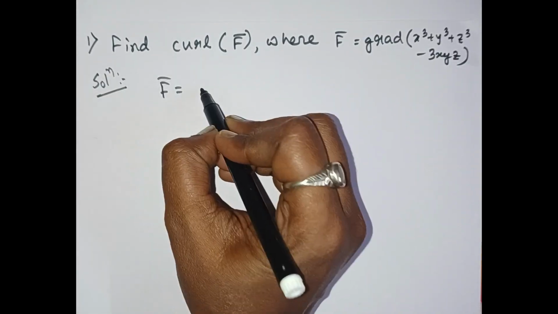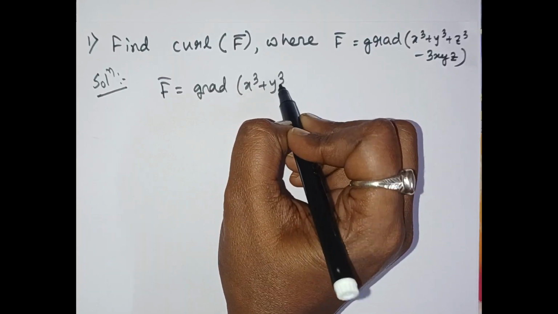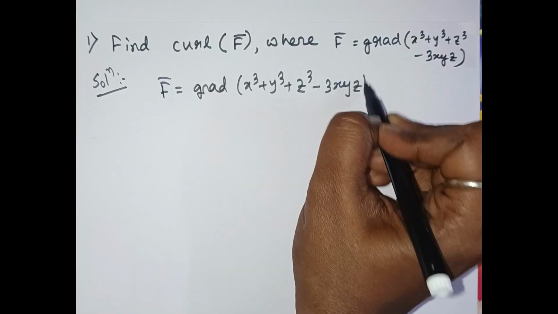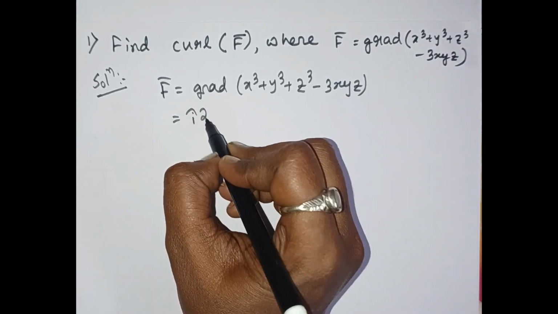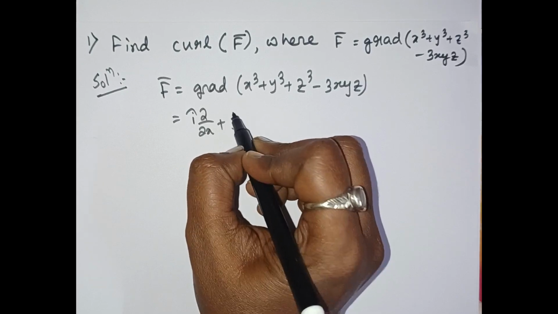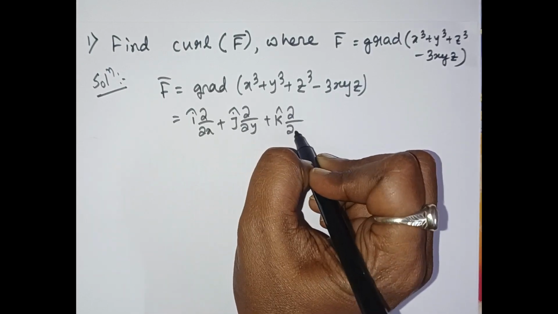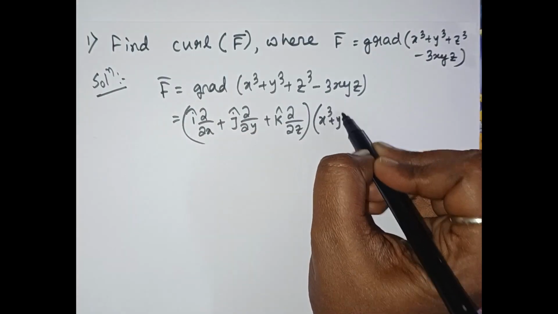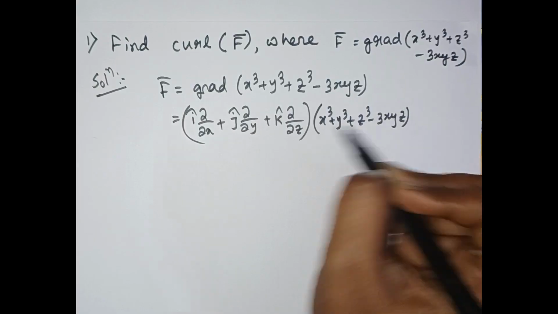Since F equals grad of x cube plus y cube plus z cube minus 3xyz, then grad is i del x plus j del y plus k del z with x cube plus y cube plus z cube minus 3xyz.